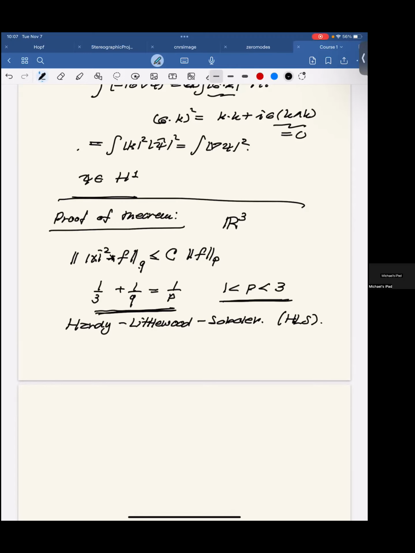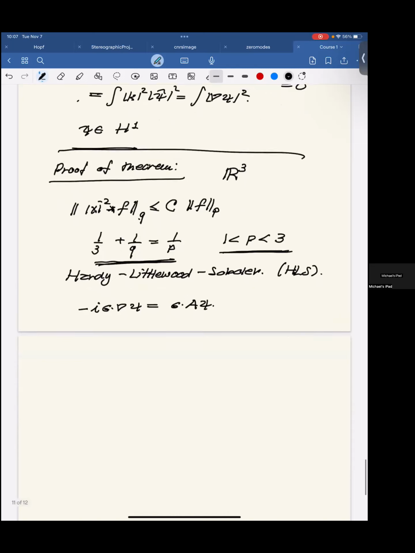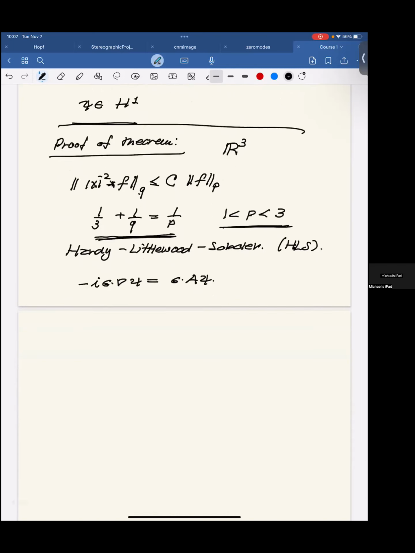Okay. All right. So now the first step which you do in this proof is the following. We're going to write this equation, minus i sigma dot grad psi equals sigma dot A psi. And what we do is we invert it. How do you invert this? You introduce gamma of x, that's i sigma dot x over 4 pi x cubed.